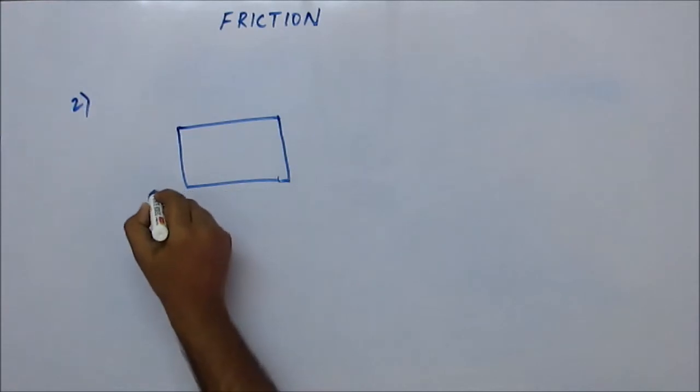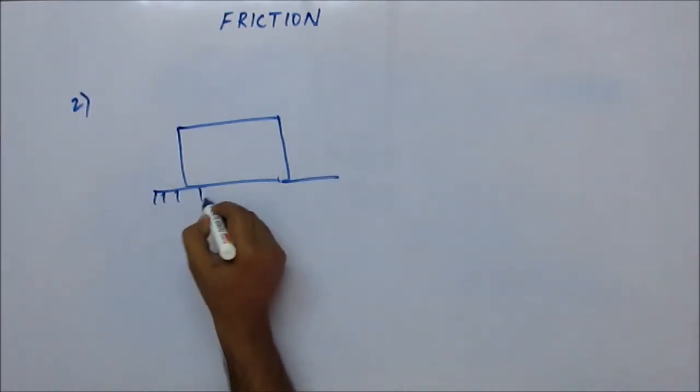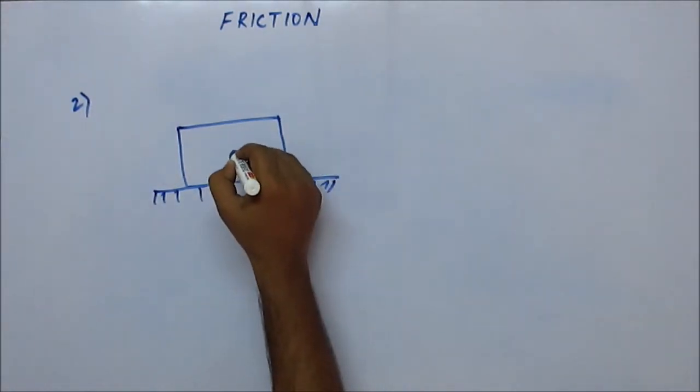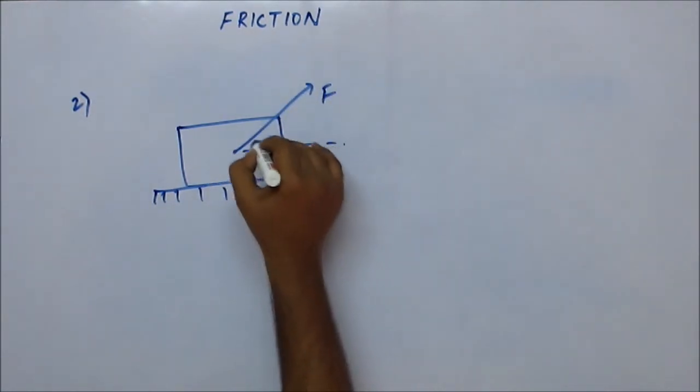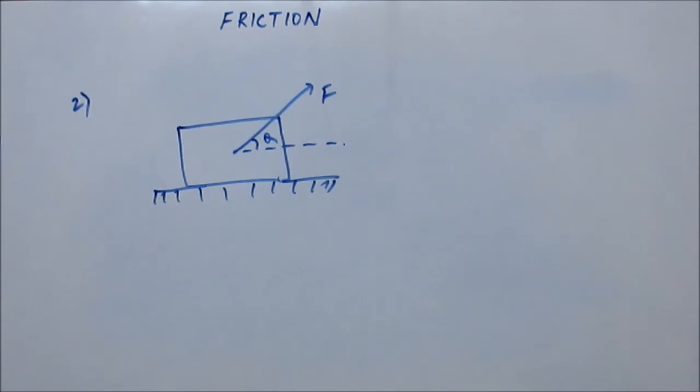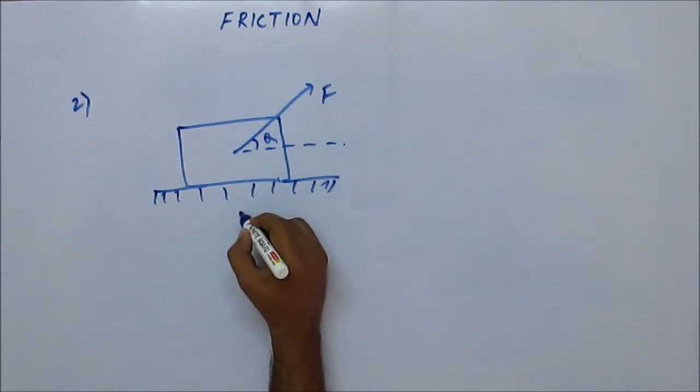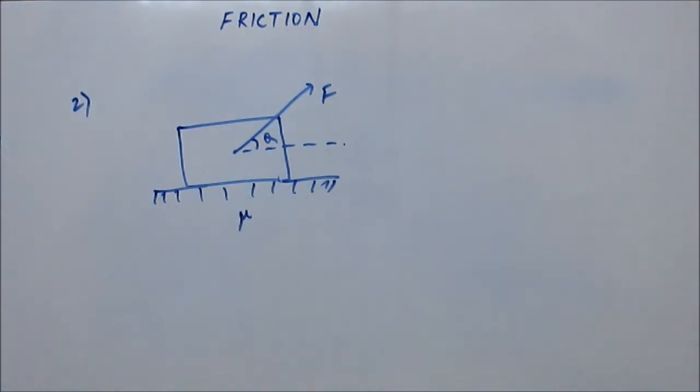Another easy one. You have a block, you have a surface, and you are applying some force, suppose at an angle theta. Now the simple question is, what should be the minimum amount of force that you should apply in order for the block to start moving? Suppose the coefficient of friction is given as mu.